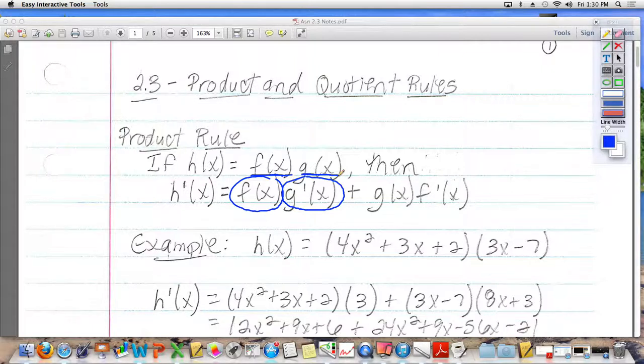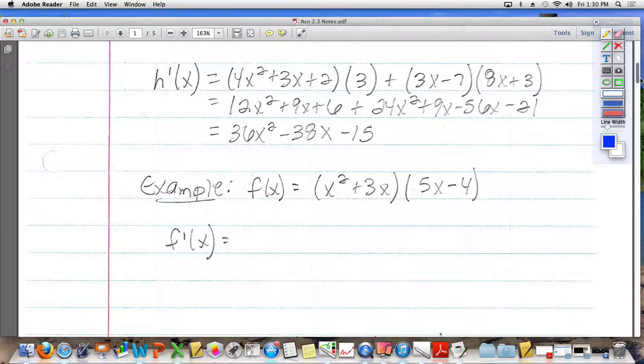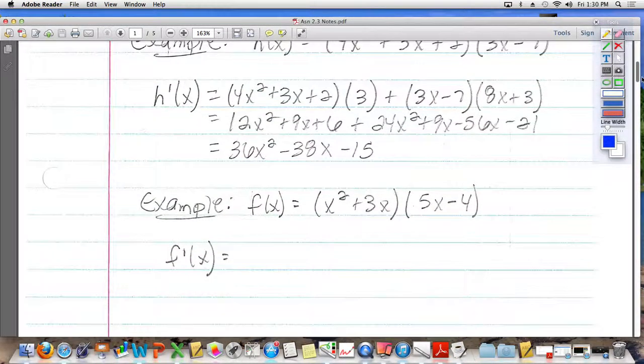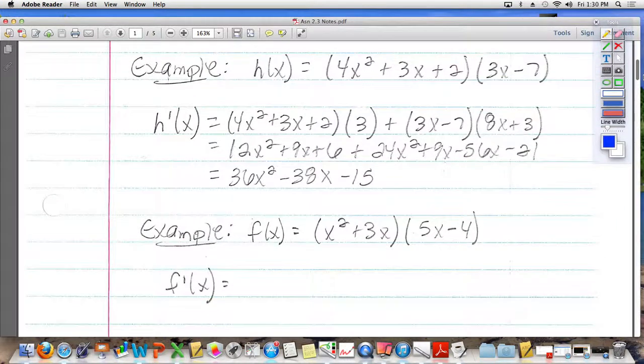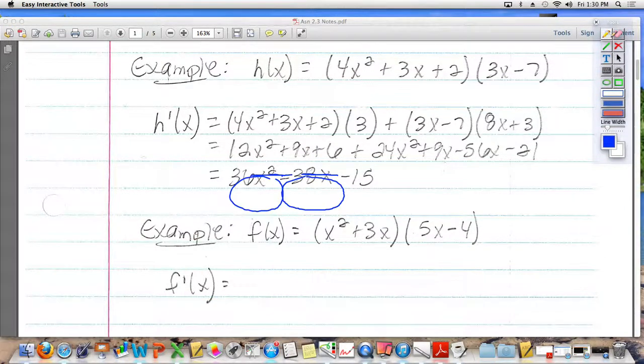Okay. So let's apply that to an example. I wrote the first example out for you, and then we're going to work through the other ones together. So first example, 4x squared plus 3x plus 2 multiplied by 3x minus 7. So what I did was I took the first polynomial. In this case, this would be f of x, and then this one would be g of x.